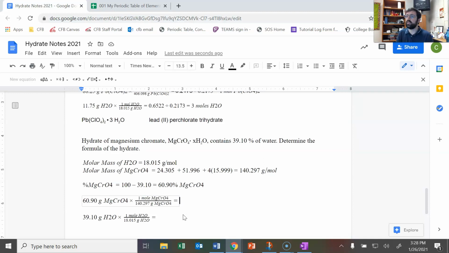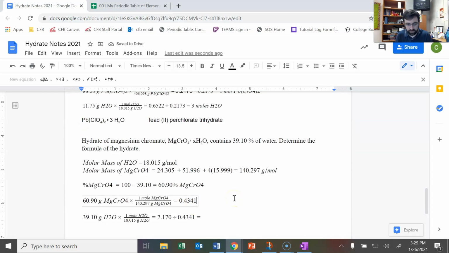Okay, and then the answer you're going to get for the first part is 0.4341. The answer you get for the second part is 2.170. We want to divide by the smallest, which of these two, 0.4341 is the smallest, so we'll divide by 0.4341 in both cases.